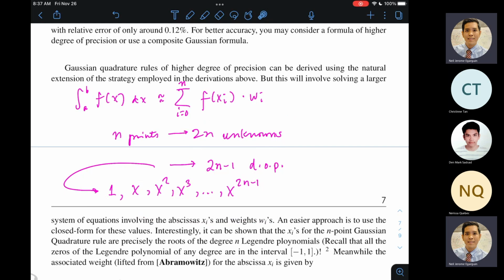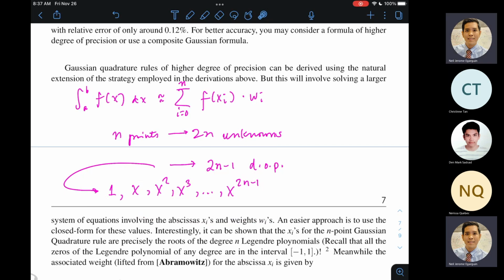And it's quite manageable for n equals 1, n equals 2, probably for n equals 3, it's still fine. However, imagine you want to use 30 points in your integration formula. You will have a 60 by 60 nonlinear system, and that's not a good thing. All right? Napakahirap mag-solve, at least symbolically, ng system of nonlinear equations.